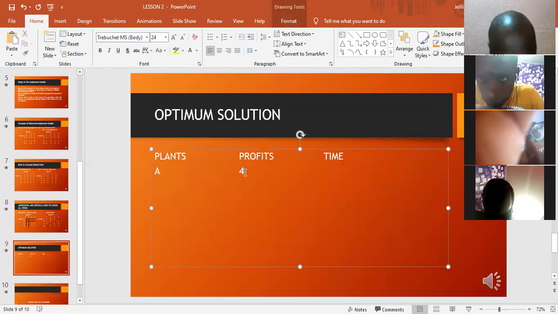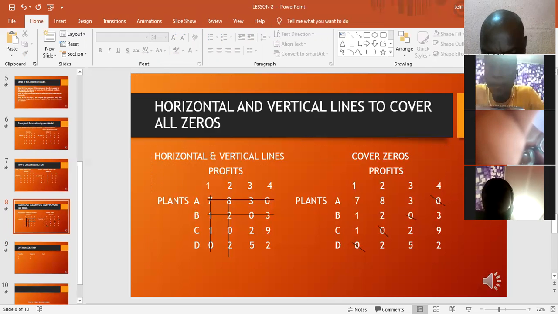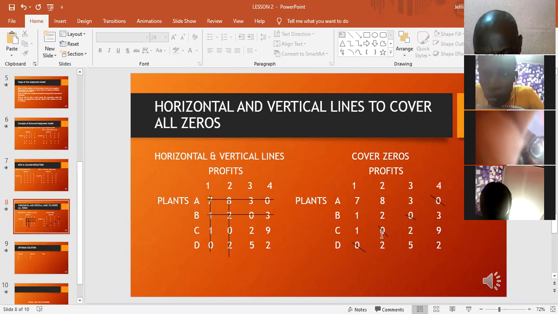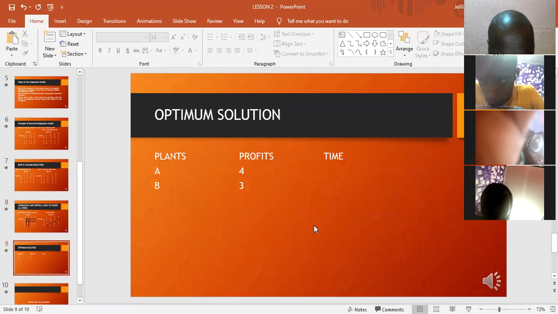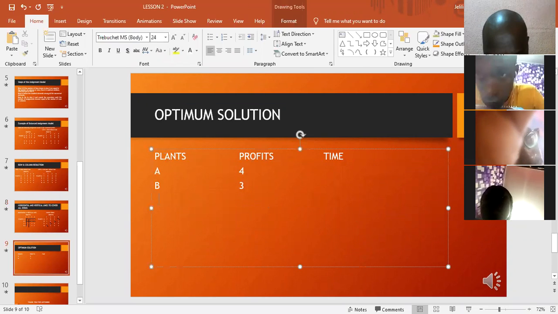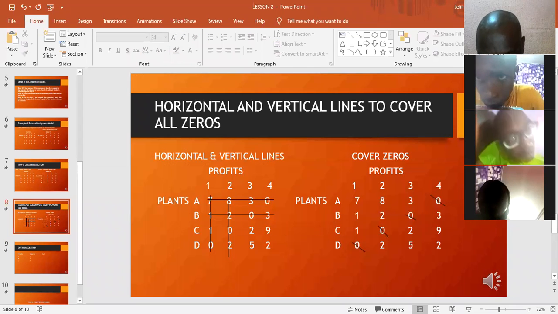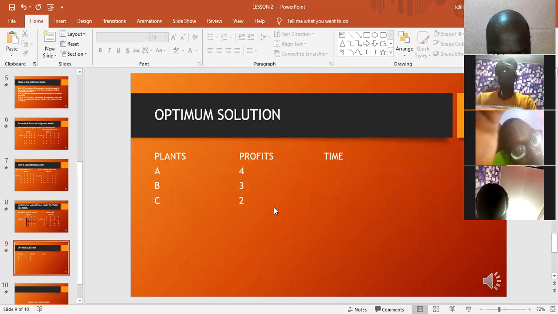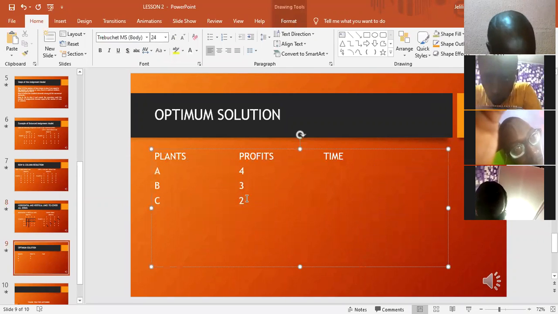Yes. Plant B under profit 3. And the next one, we cover plant C under profit 2. Plant C under profit 2. Then the last one, we cover plant D under profit what? 1. Yes. Plant D under profit 1.